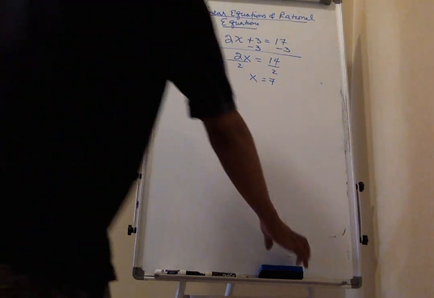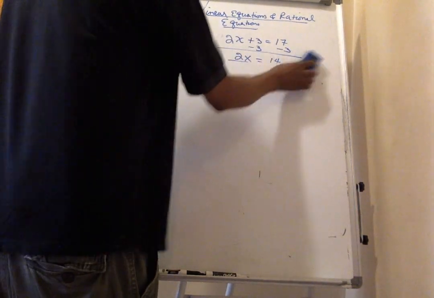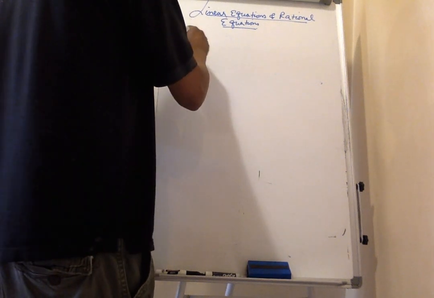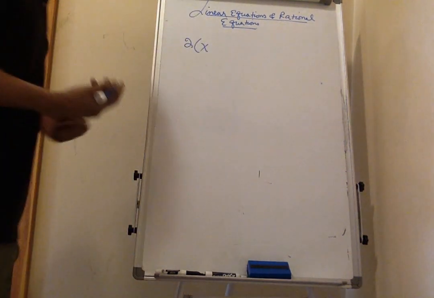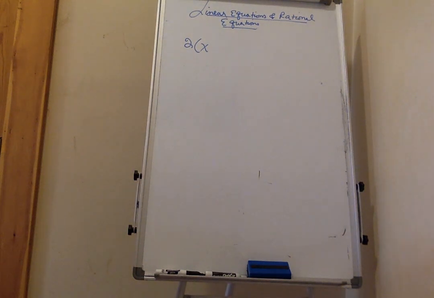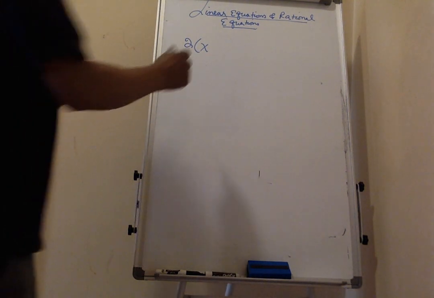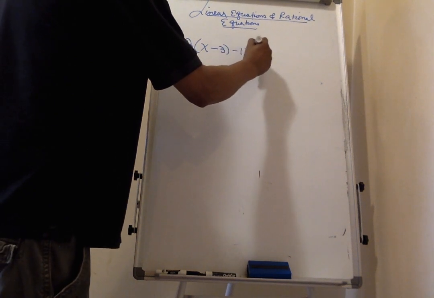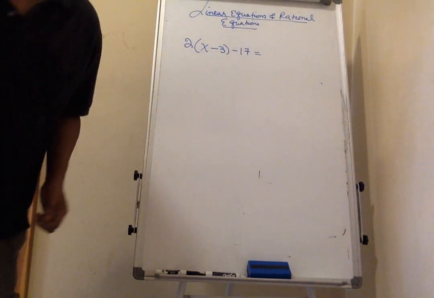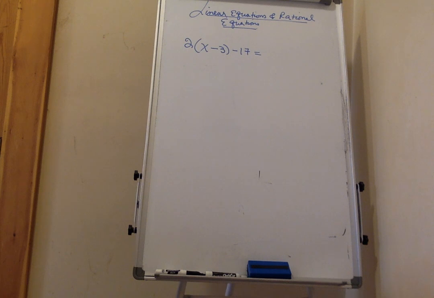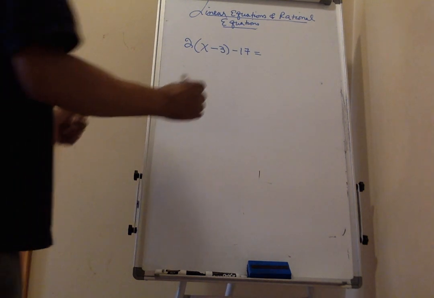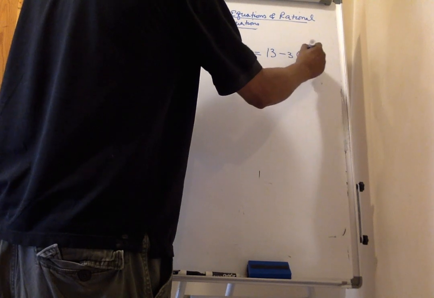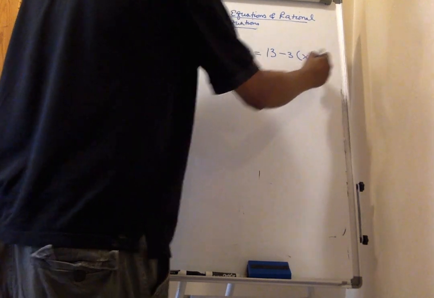Okay. Now, let's use some linear equation that involves more than 2 steps. 2 times (x minus 3) minus 17 is equal to 13 minus 3 times (x plus 2).